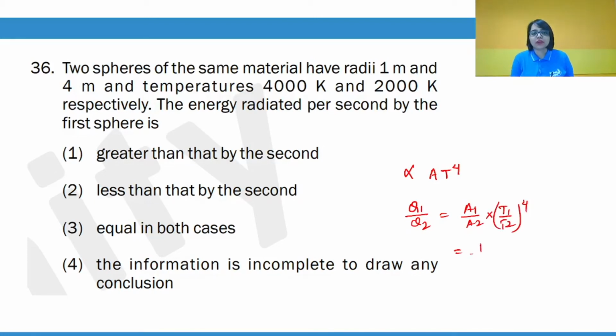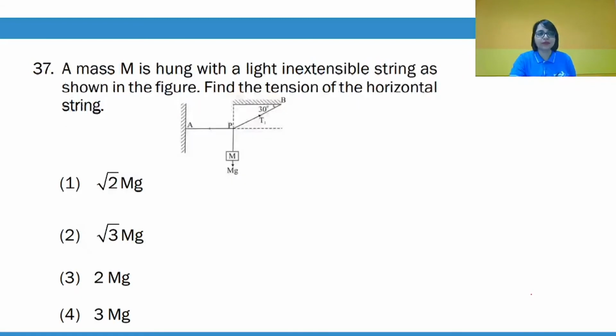A1 upon A2 will be 1 upon 4 whole square, because area is directly proportional to radius square, into T1 upon T2, so it will be 4000 Kelvin divided by 2000 Kelvin to the power 4, right? So this will be 2 to the power 4, which is 16. So Q1 upon Q2 will be 1. So it will be equal in both the cases, which is option 3.